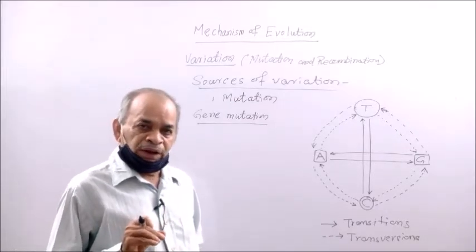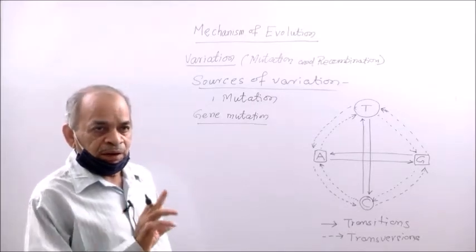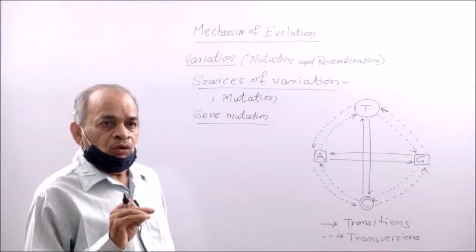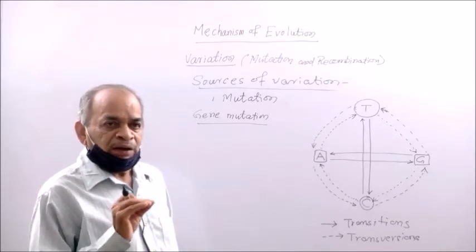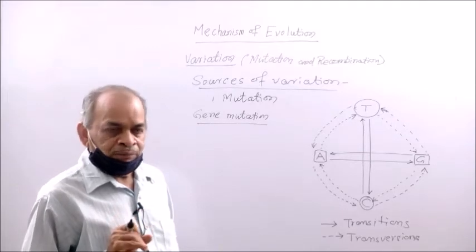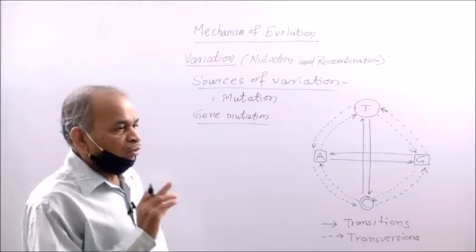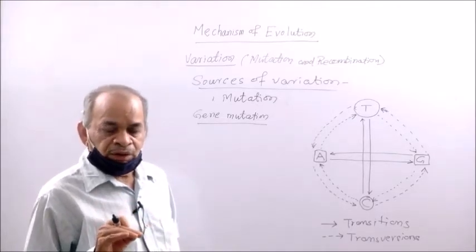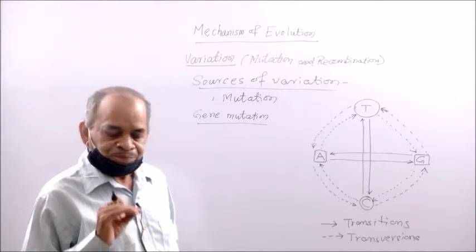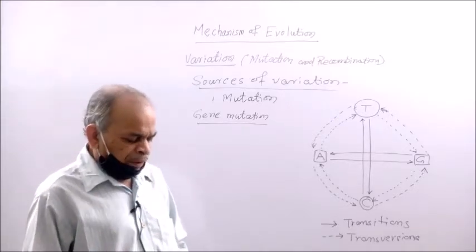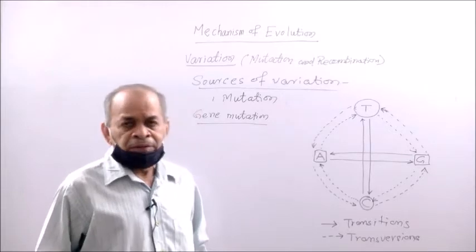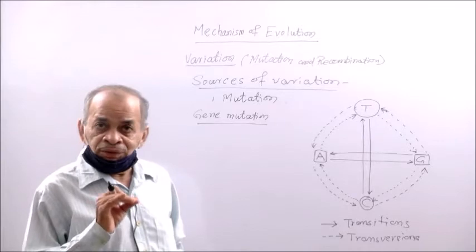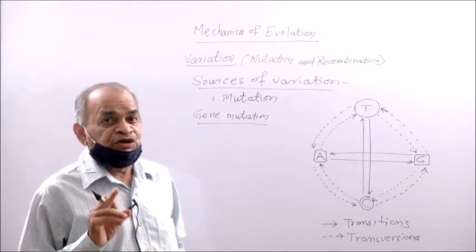As you know, in DNA, A pairs with T, G combines with C. So A, T, G, C are adenine, thymine, guanine and cytosine. Adenine and guanine are known as purine bases, and thymine and cytosine are pyrimidine bases. So base substitution in DNA may occur in 12 ways.